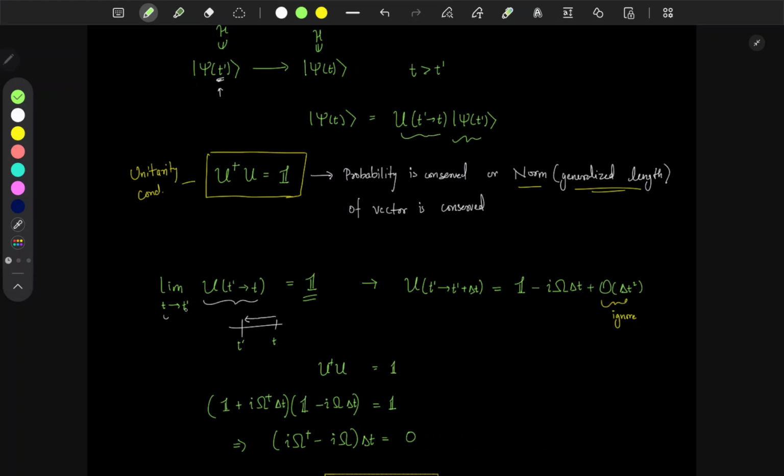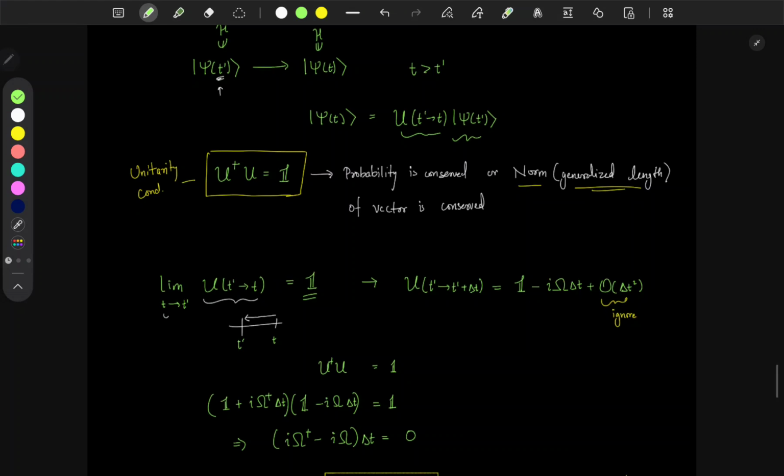So in the limit that t tends to t prime, the operator from t prime to t tends to the identity.